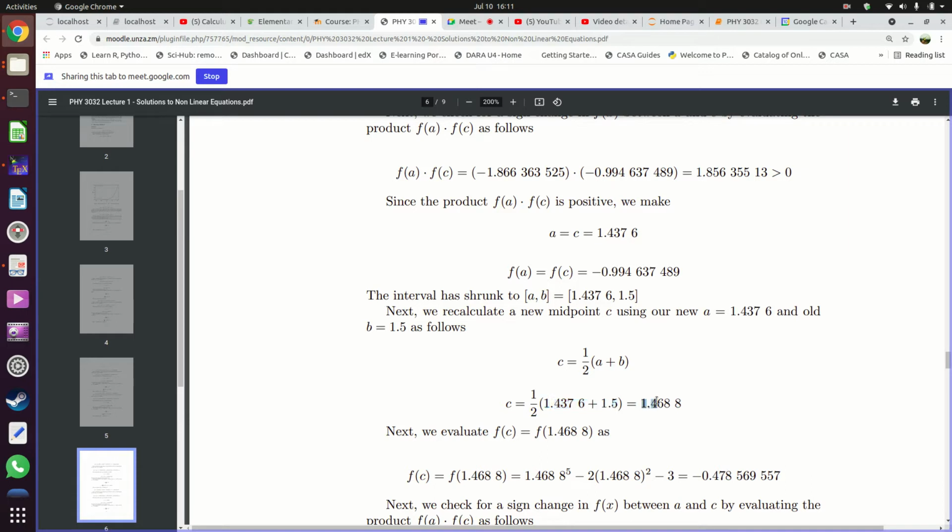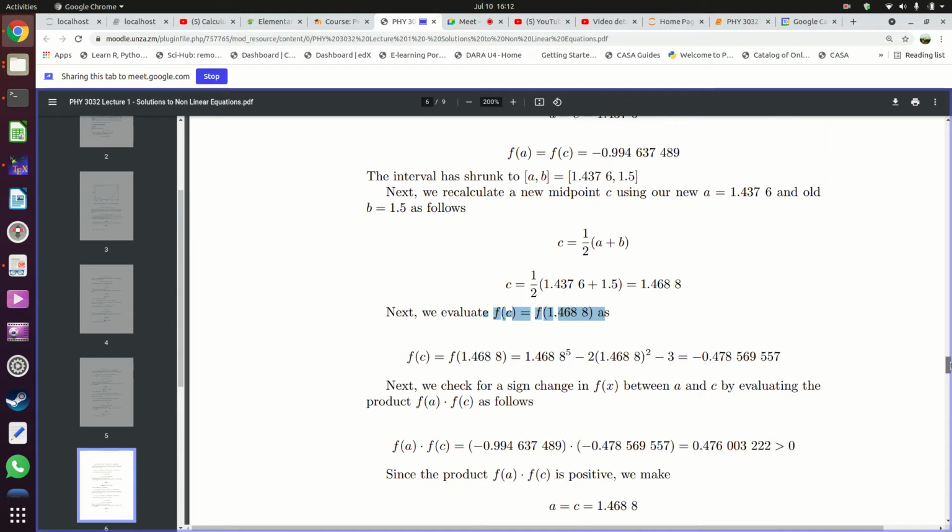Then you end up with this as your value of C. Then you work out what is f of x at C? And f of x at C is this. It's negative, minus 0.47856569557.